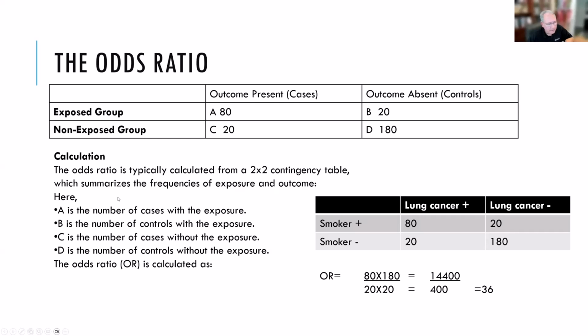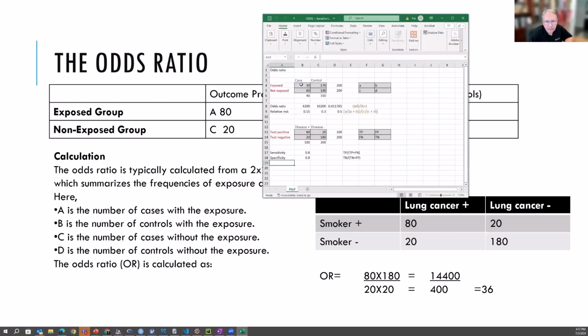I put the spreadsheet in the chat that says odds, and I'm going to pull it up here. It's a way for you not to have to memorize these equations, okay? So this is the odds ratio.